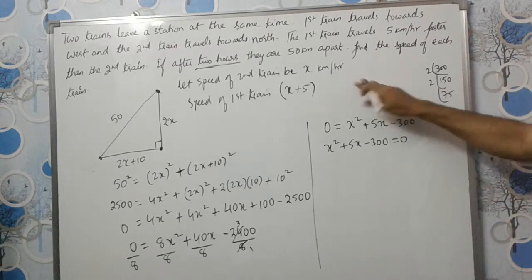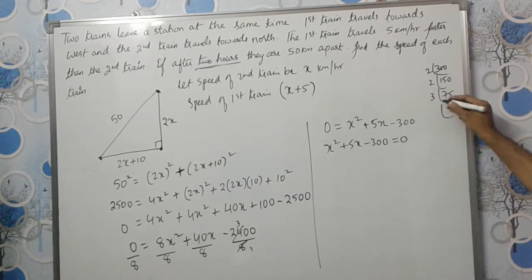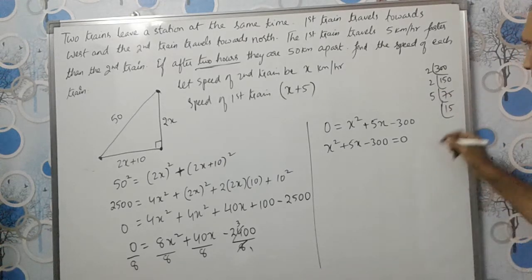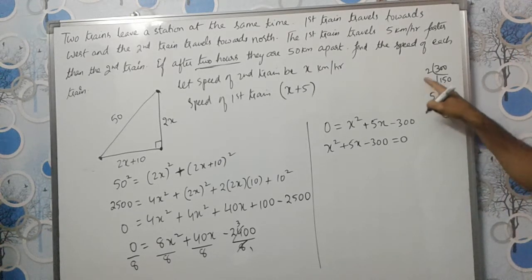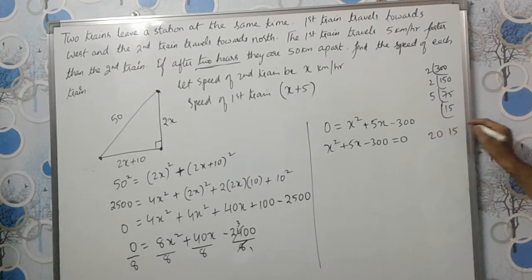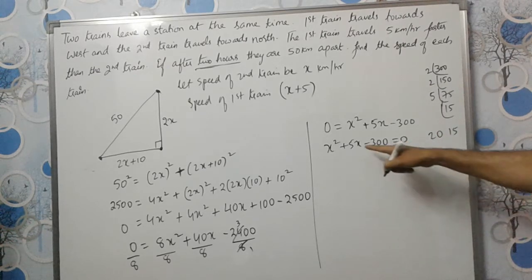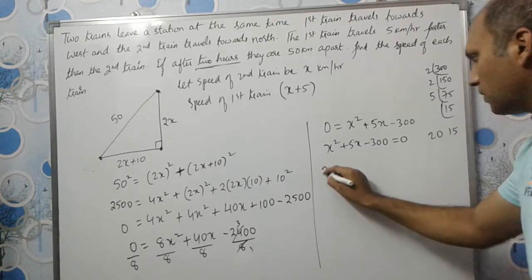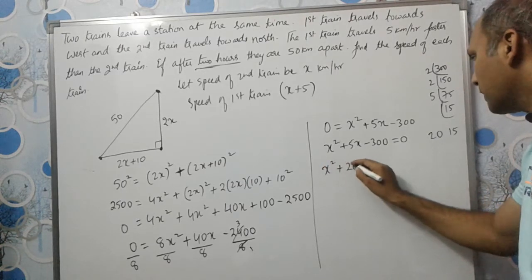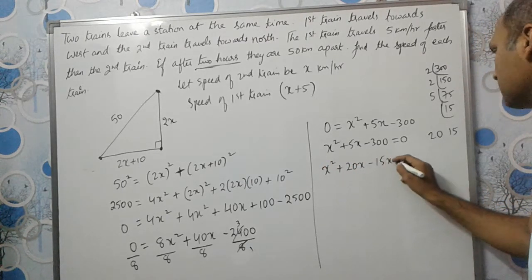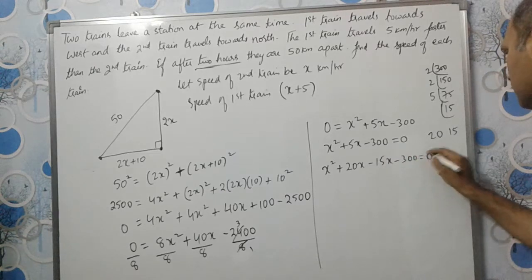No. Okay, so 5 and 60, 5 times 2 is 10, 10 twos are 20. 20 and 15. Can we use 20 and 15 to write plus 5? Yes. So let us split that: x square plus 20x minus 15x minus 300 is equal to 0.